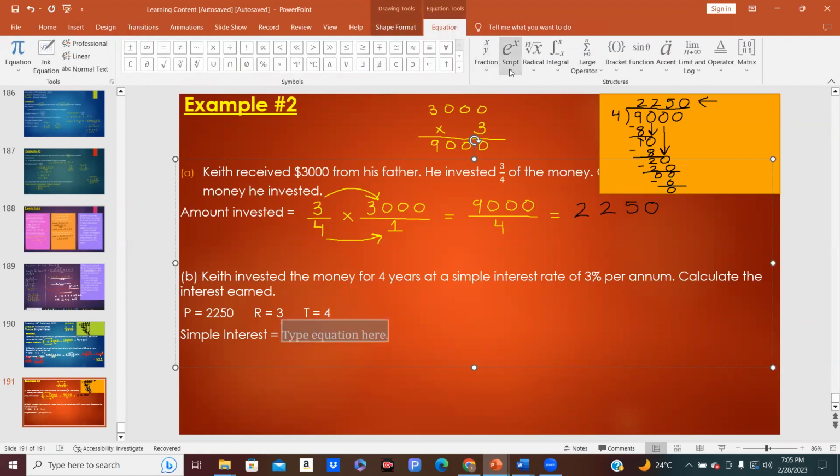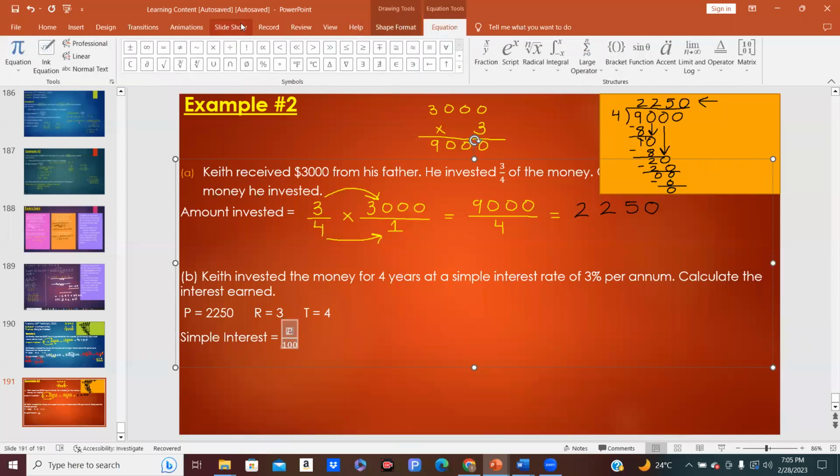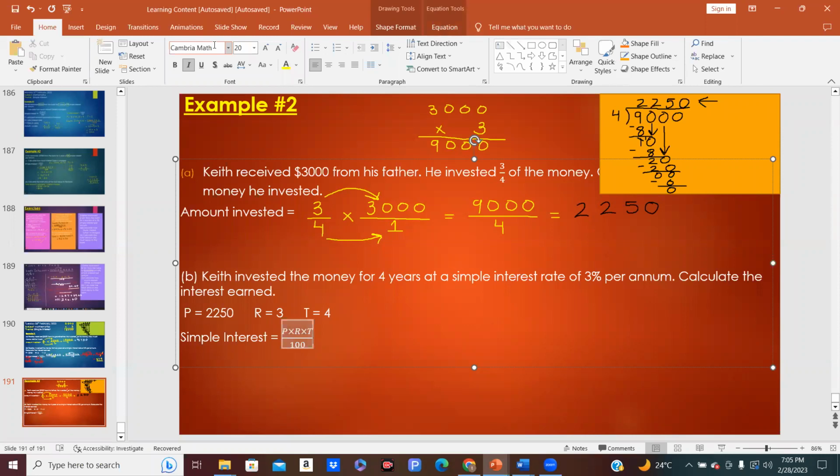We typically write the formula first before we do anything.